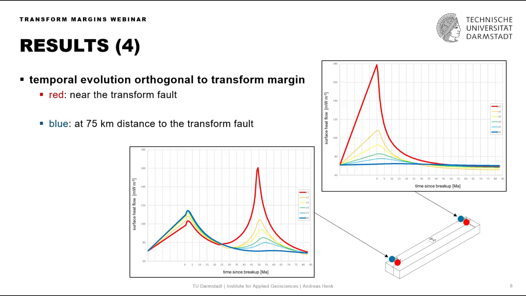If you remember the sketch I showed at the beginning, these modeling results show quantitatively how there are substantial variations both parallel and orthogonal to a transform margin, not just perpendicular as in case of a rifted margin.